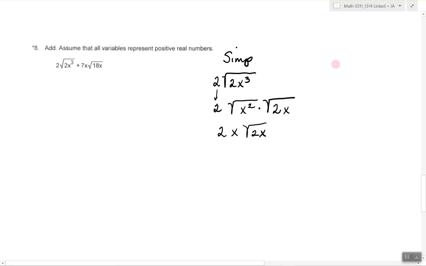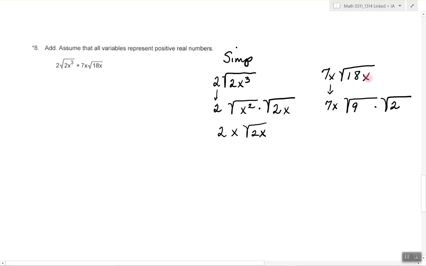All right, let's look at the other one. I have 7x square root 18x. I'm going to keep the 7x on the outside and see, I think I can simplify this radical. The 18, it's not a perfect square, but it does have a perfect square factor of 9 with a non-perfect square factor of 2.